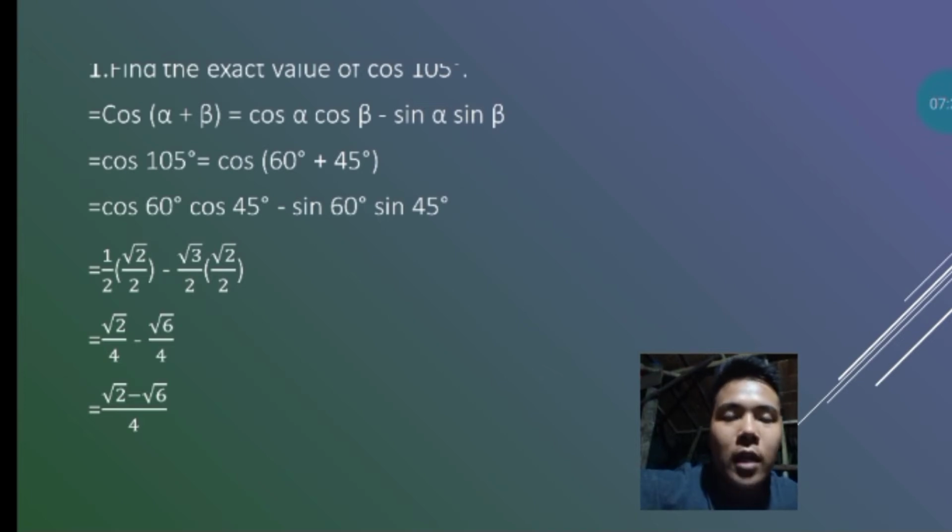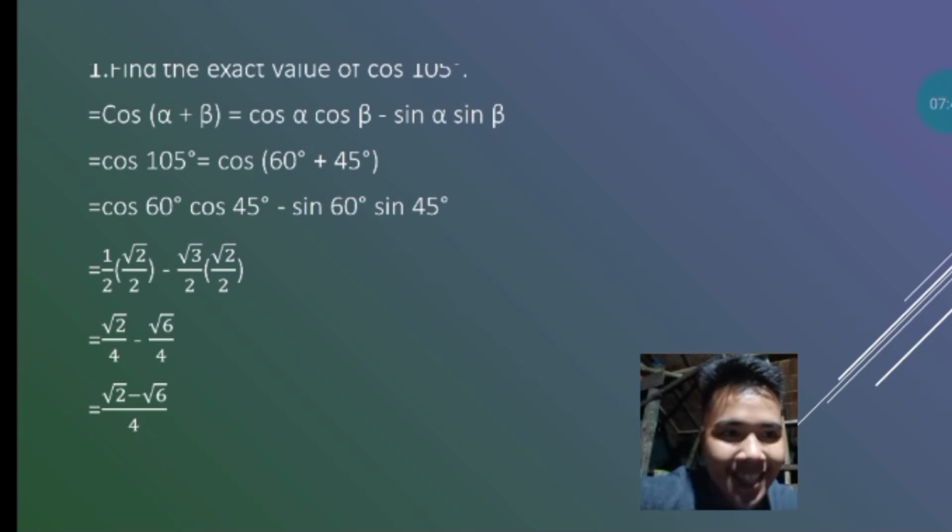So cos 105 degrees equals, okay, this is the first step. Cos, you're going to add two angles. So 60 degrees plus 45 degrees. So we have 105 degrees, right?